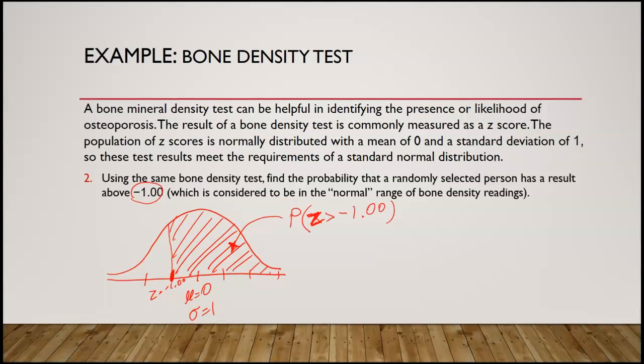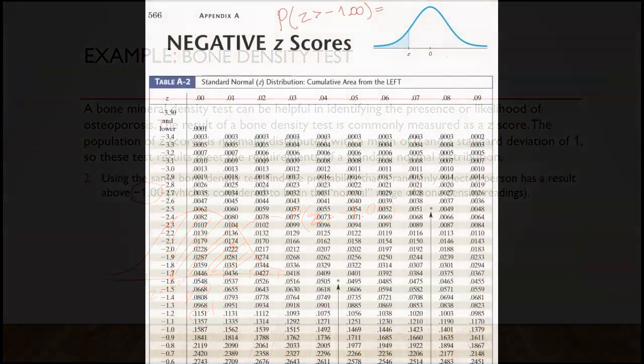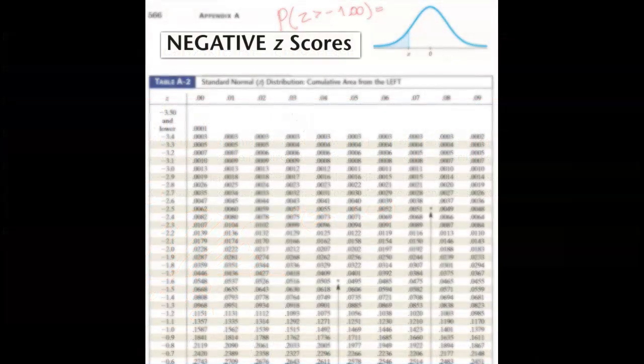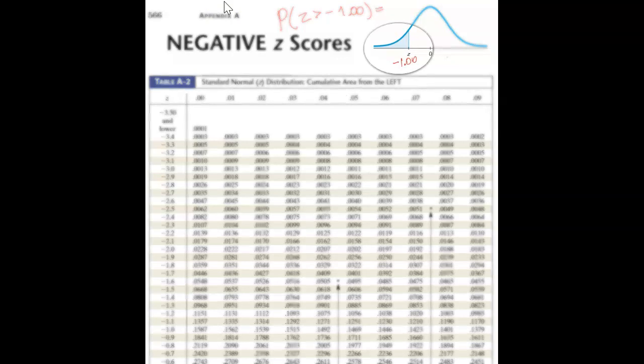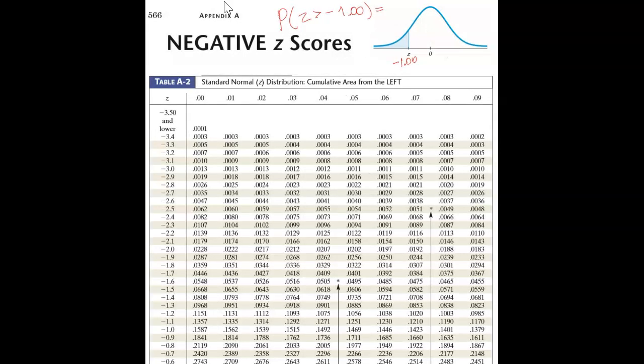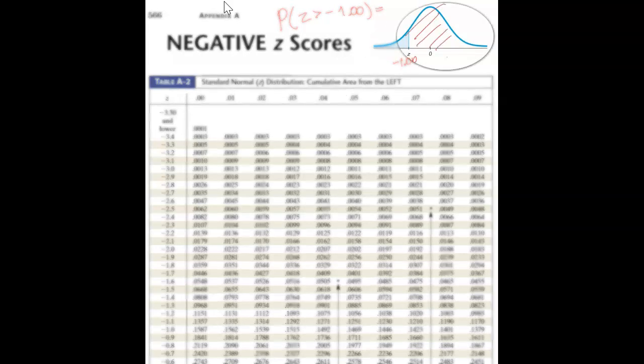P of z greater than negative 1.00. We will now be looking at the negative z-scores part because we need to find P of z greater than negative 1.0. Z negative 1.00 is located to the left of the mean. Remember, the probabilities are shown on the left of the z-score, not on the right. Our probability is on the right of the z-score.